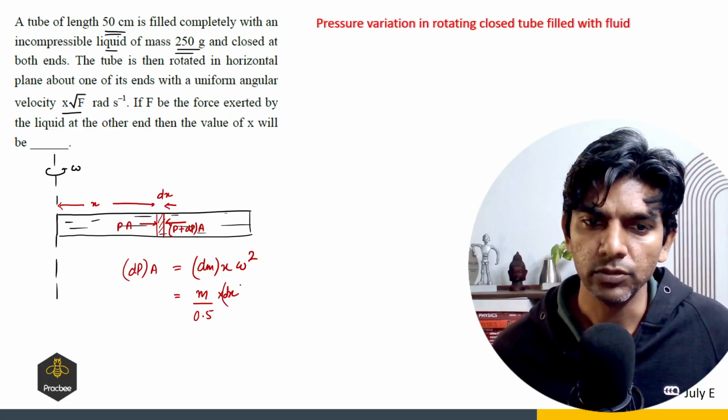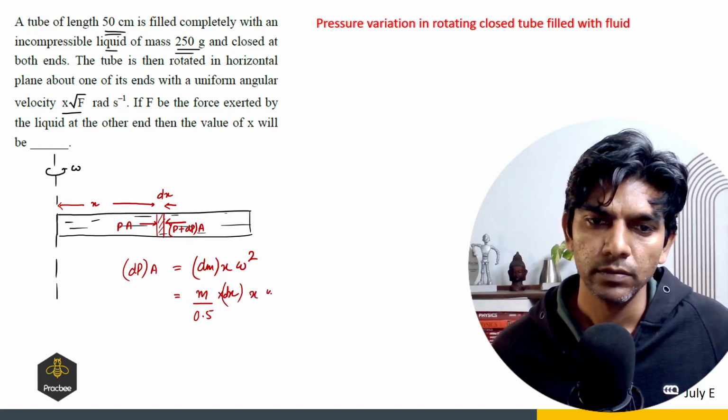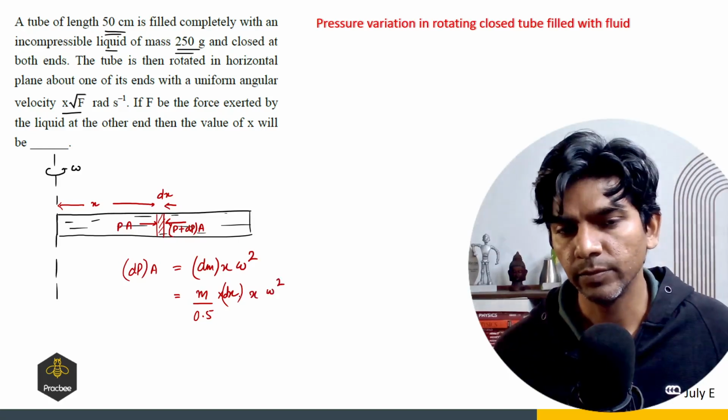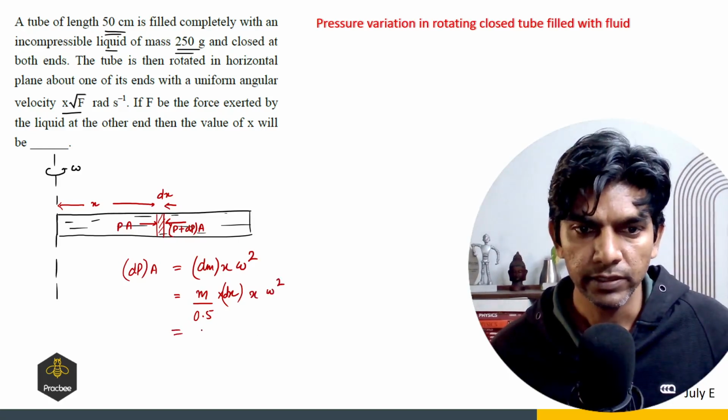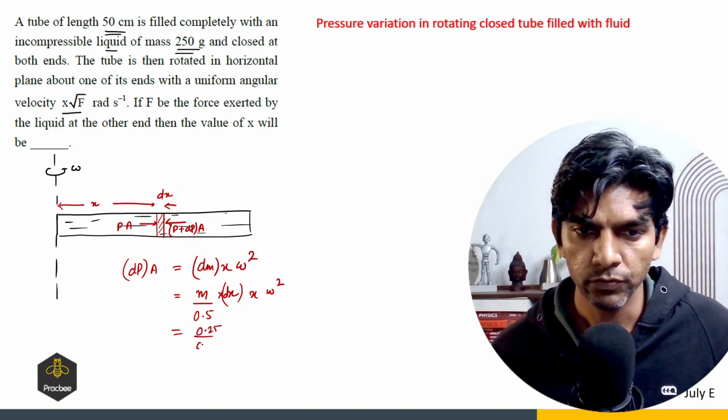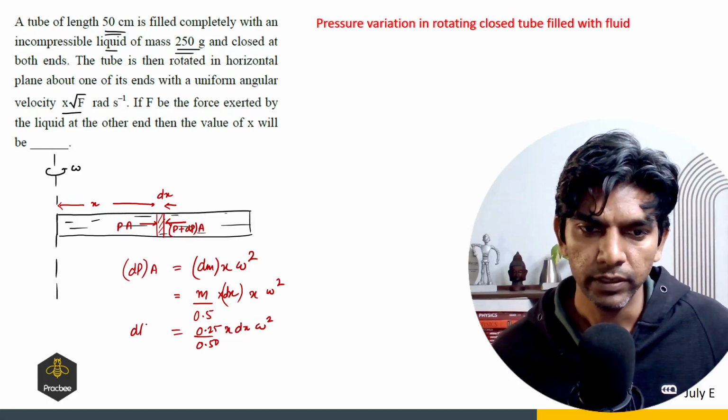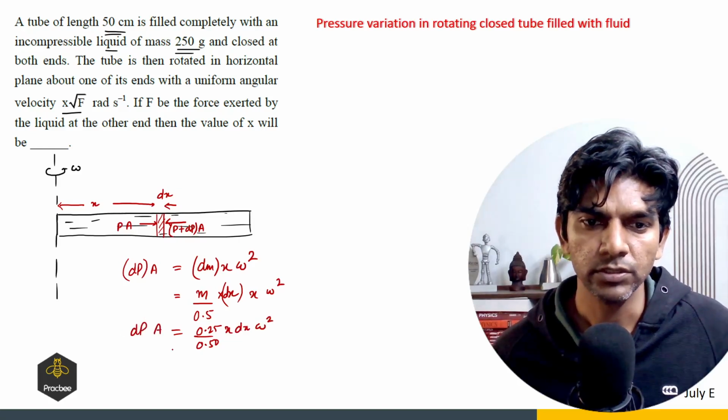Sorry, dx is the length of this element. Mass per unit length times the length, right? So this will become, mass is given as 250 grams, so 0.25 upon 0.50 x dx omega square, equals dP times area of cross section.